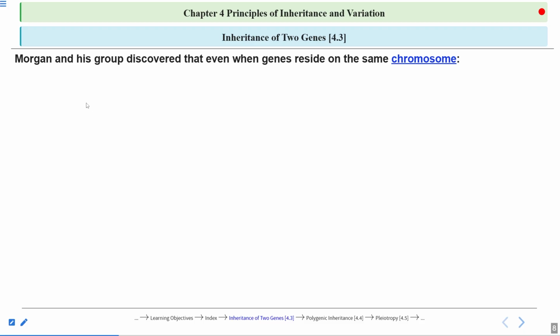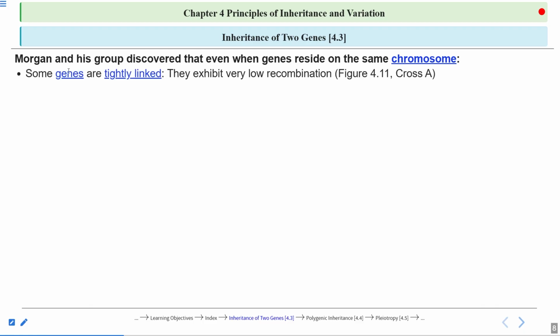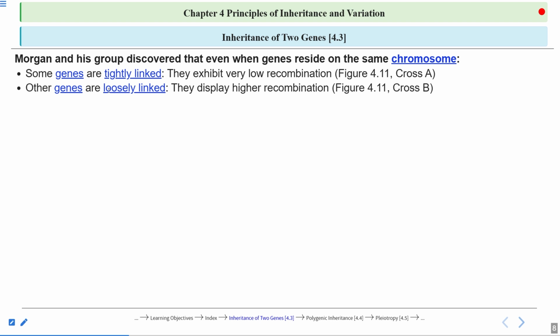Now, Morgan and his group discovered that even when genes reside on the same chromosome, some genes are tightly linked, where they exhibit very low recombination, as in the case of cross A that we have seen. And some genes are loosely linked. So there can be complete linkage or incomplete linkage, or in other words, the genes can be tightly linked or loosely linked.